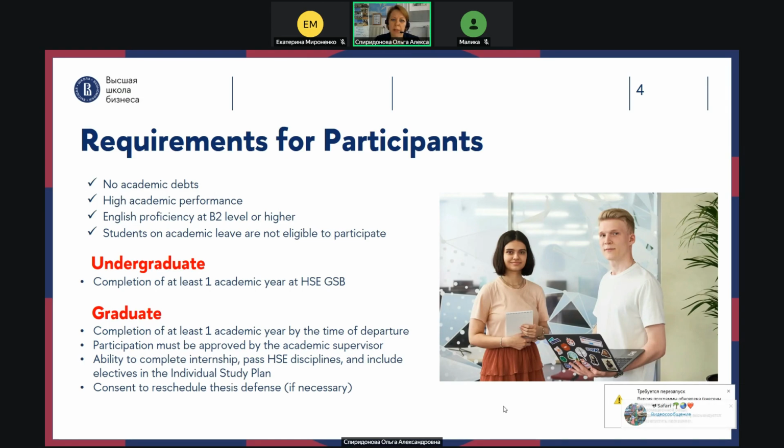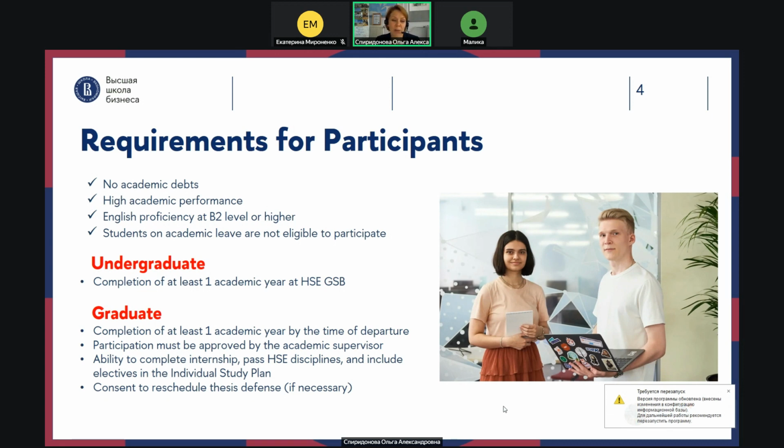What are the requirements for participants? So first of all, of course, you have to have no academic debts, and you have to have high academic performance. Your English should be very good, at least B2 or higher. For example, Singapore asks for C1 at least.